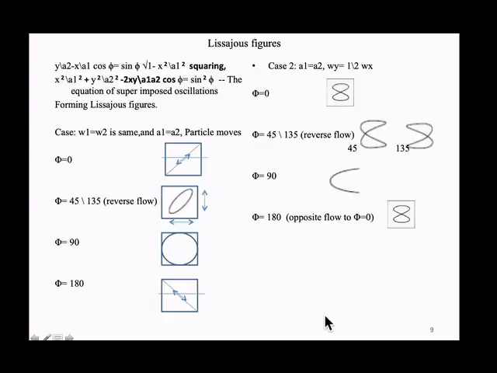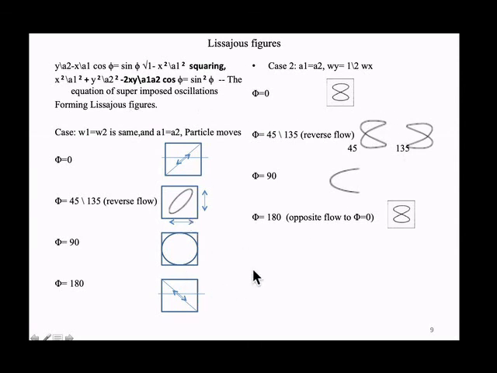If I replace here, finally I will get this equation: x square by a1 square plus y square by a2 square minus 2xy by a1 a2 cos phi equals sin squared phi, where phi is the phase difference between them. This is the equation with which the particle is moving in vertical motion as well as horizontal motion.